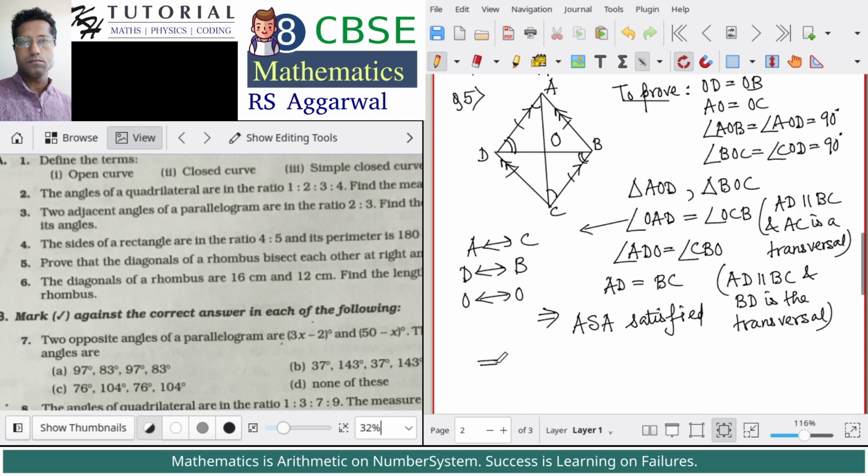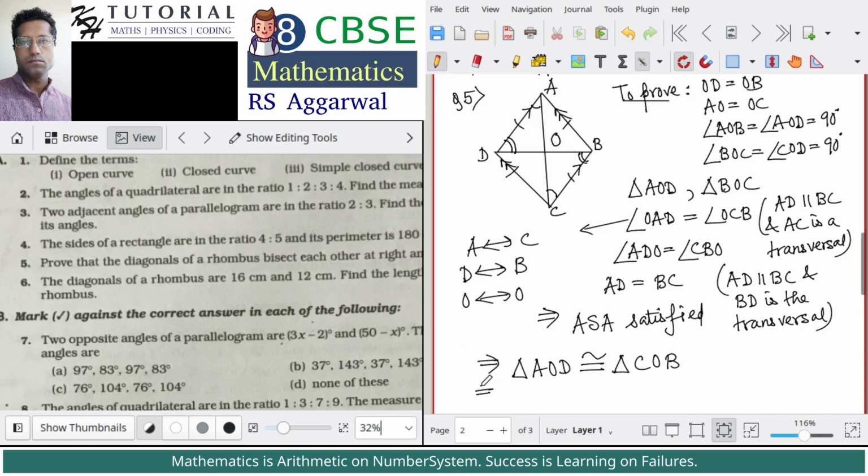So the congruence relation between the triangles is triangle AOD congruent to triangle COB.